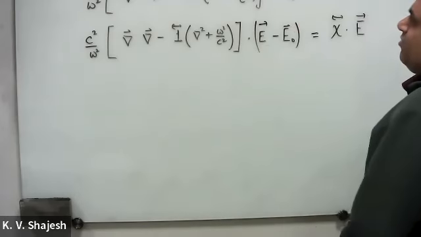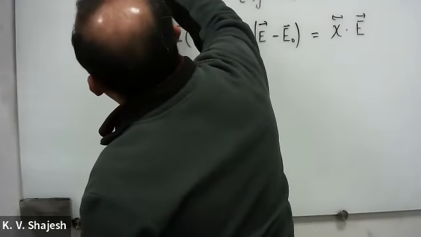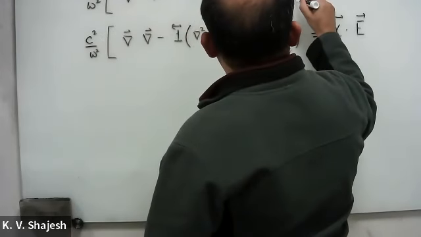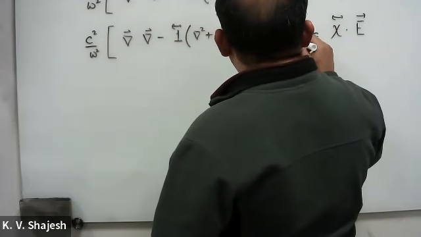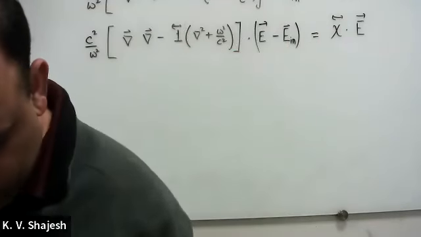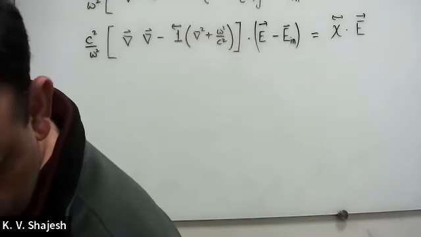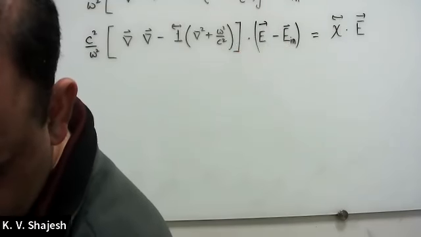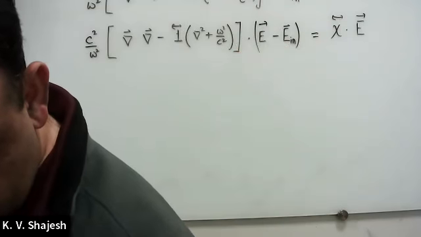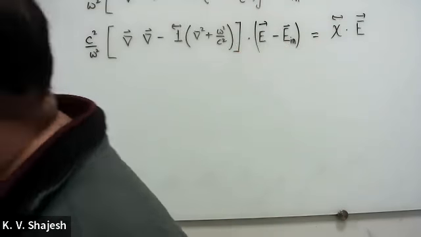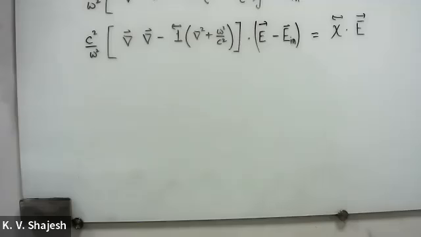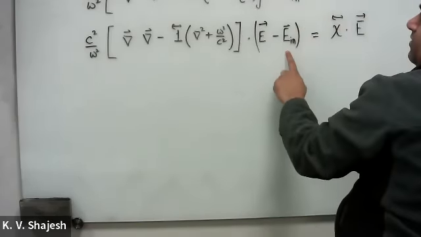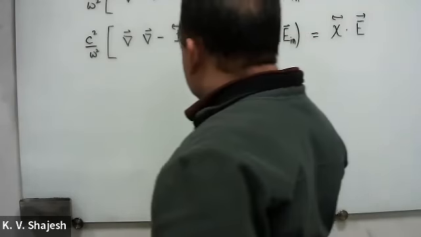Let's just call it E incident. Incident is good. Use my Green's function to solve for this E minus E incident.